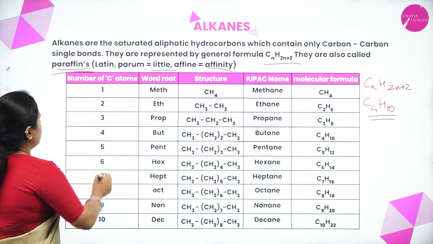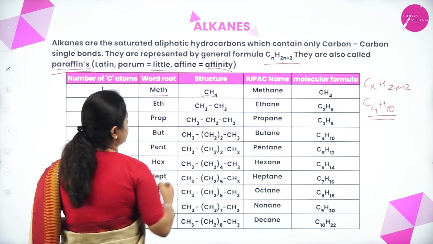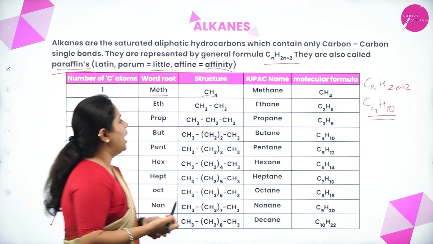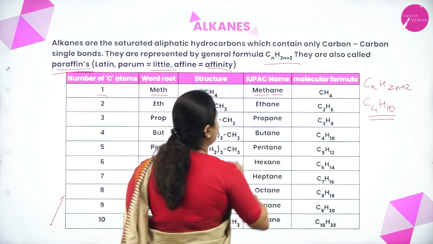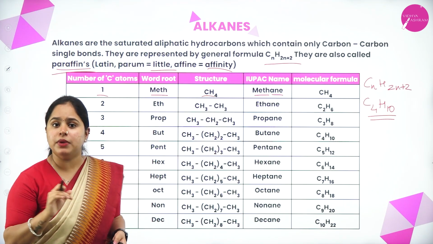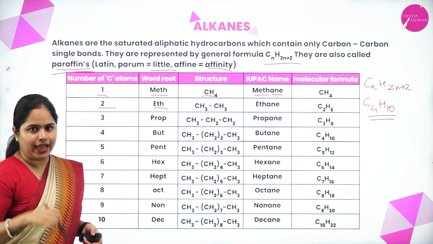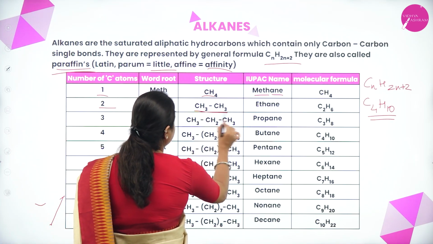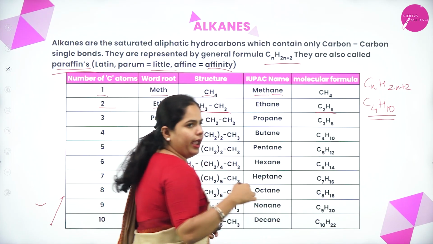Right. So let's see. If there is 1 carbon atom, the root word is meth, and the structure is CH4. The IUPAC name will be meth plus ane, the suffix. So it will be methane, right? If it is 2 carbon atoms, the root word is eth, and it is CH3CH3, or else you can condense it and write it as C2H6.